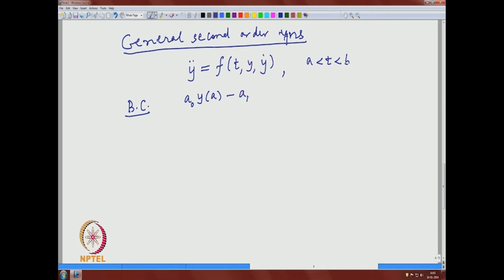And B0 y(b) plus B1 y dot(b) is equal to beta.